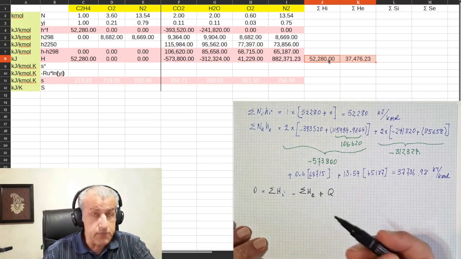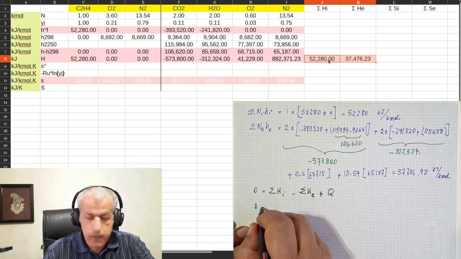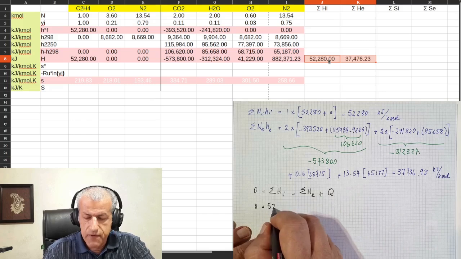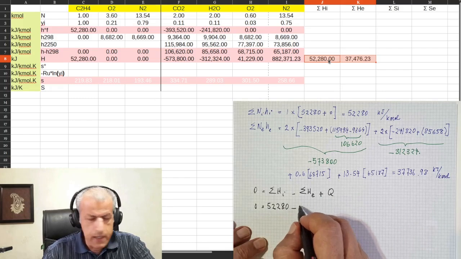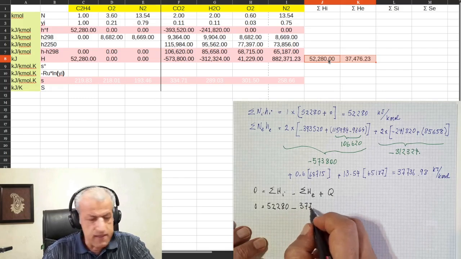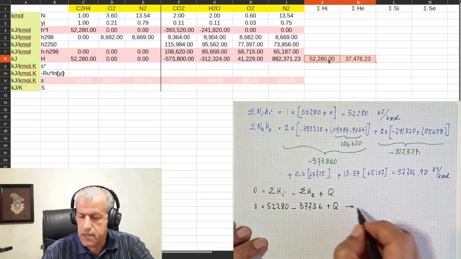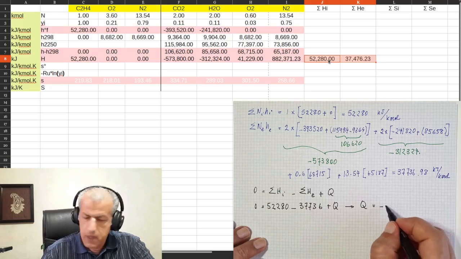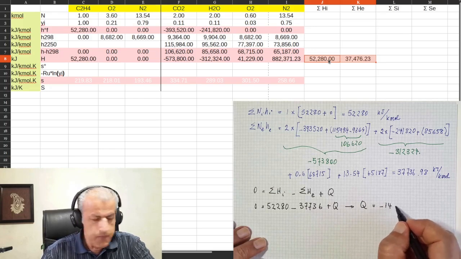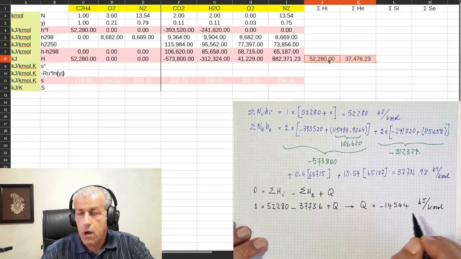So this is the equation for the first law for this combustion, and just putting numbers to it: 0 equals 52,280 minus 3,776 plus Q, and therefore Q equals minus 14,544 kilojoules per kilomole of fuel.